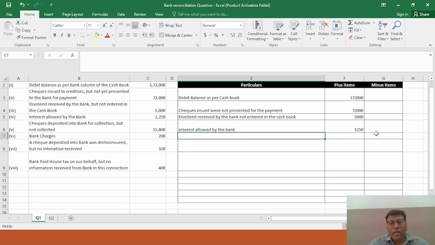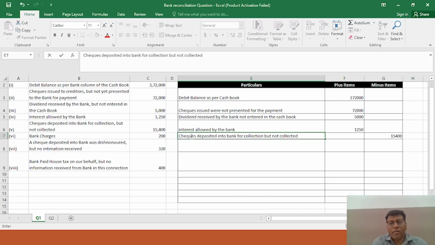It means you have to write it in the minus items, and you have to write this entry as checks deposited into bank for collection, or checks sent to bank for collection but not collected.